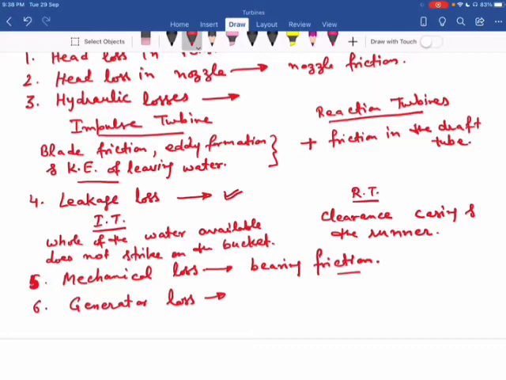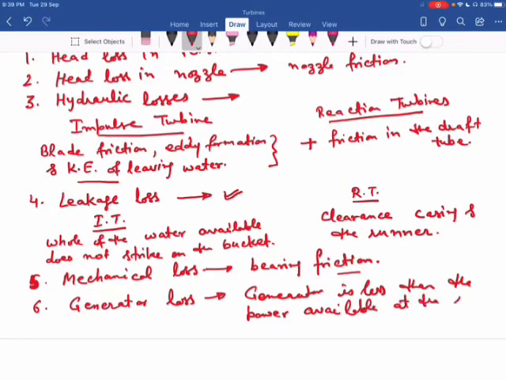So the power produced by the generator is less than the power available at the shaft. Again, that difference is due to this generator loss.